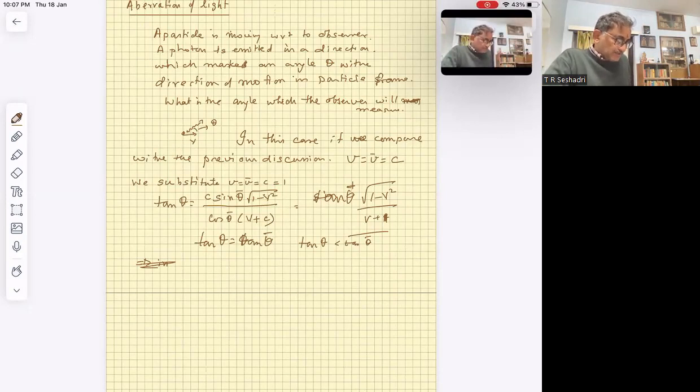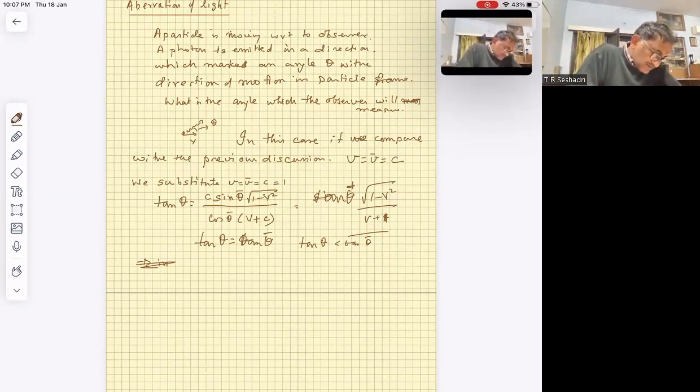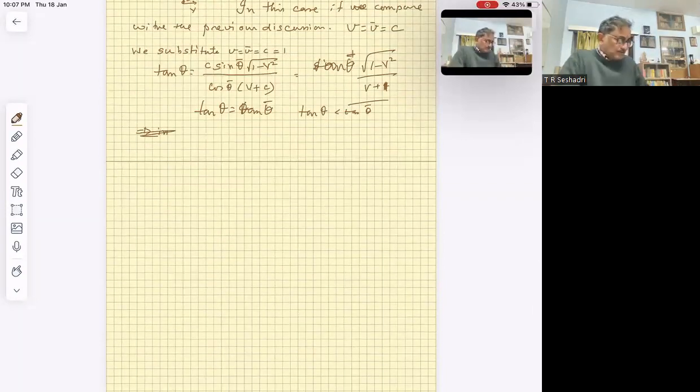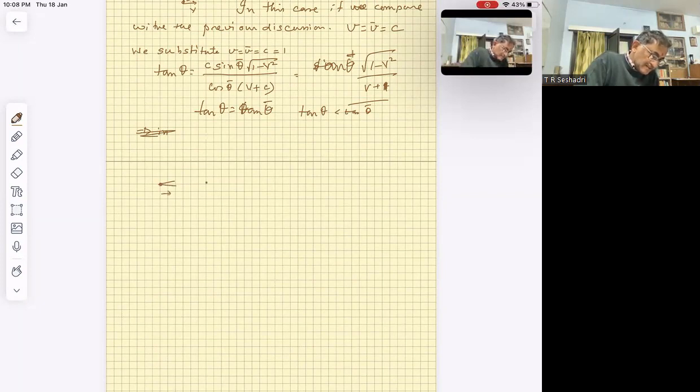In particular, suppose I have a particle which is emitting light in this direction in its rest frame, but moving in this direction, and an observer is seeing it.